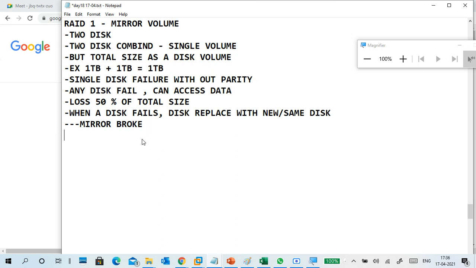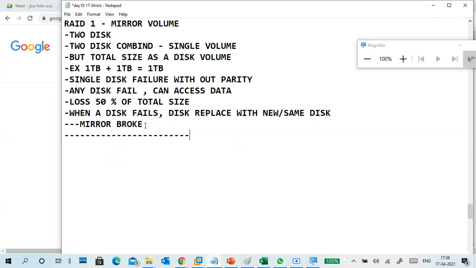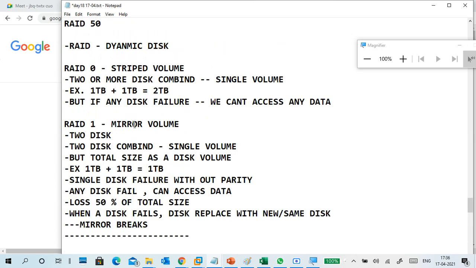Again it becomes a separate disk. That is a big problem with the mirror, but it is otherwise very good. The mirror breaks. So that is the main important point of RAID 1.